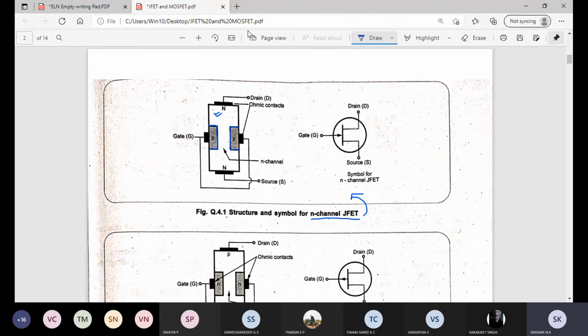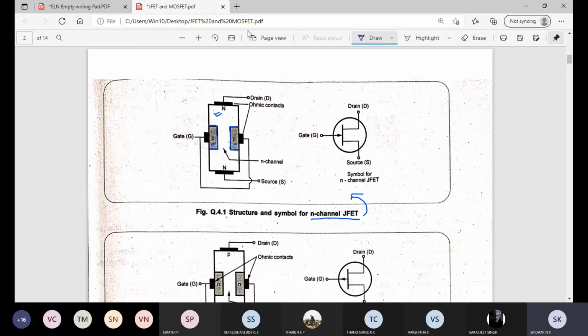Once this is done, the P type semiconductors on both sides are internally connected. This won't be visible to you; on the manufacturer side itself they are connected inside. So no need to write this in your exam, or if you want to, you can show it as it is.